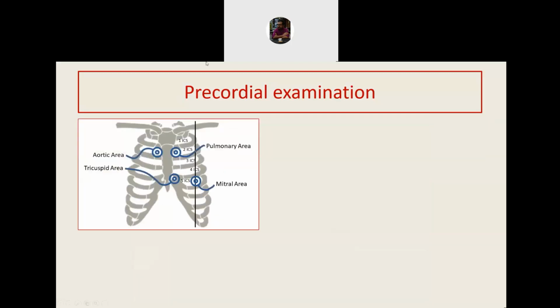So what are the things that we examine in precordial examination? In precordial examination, we start with looking at the patient, which is called inspection.